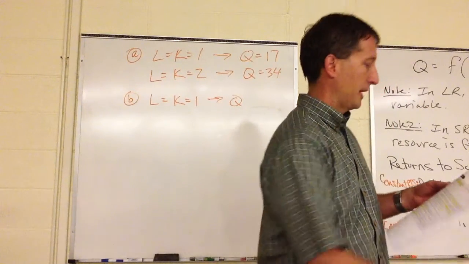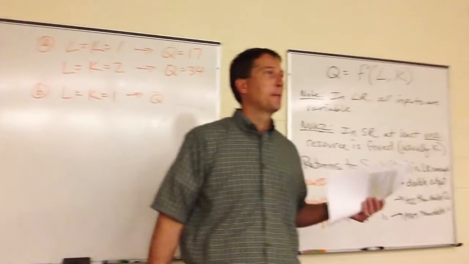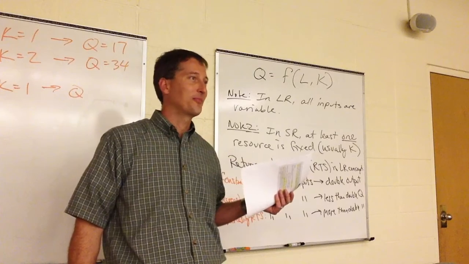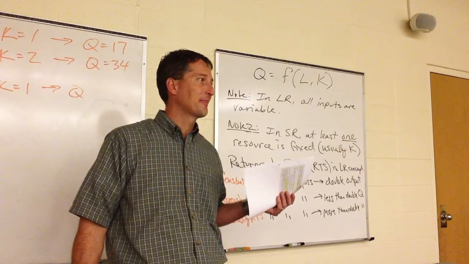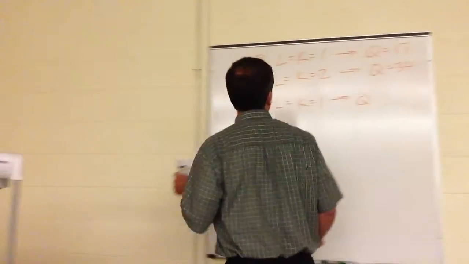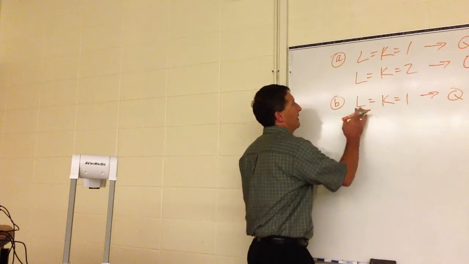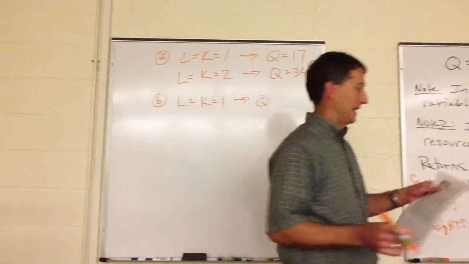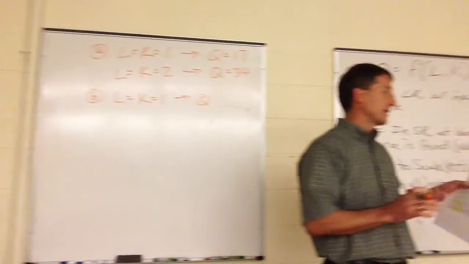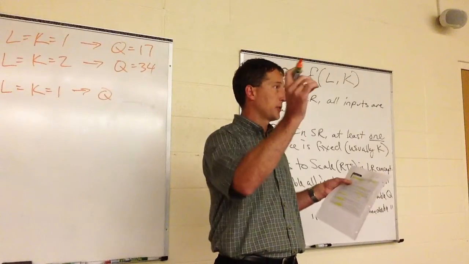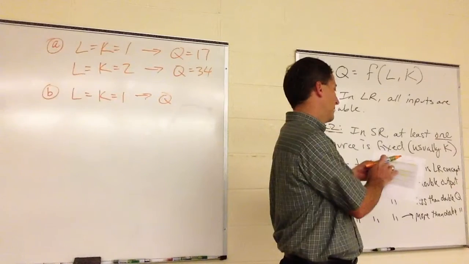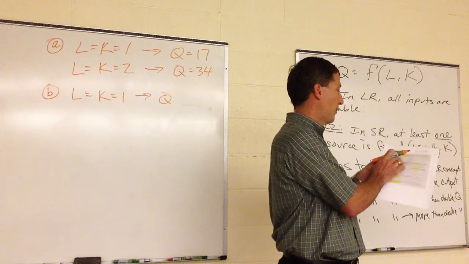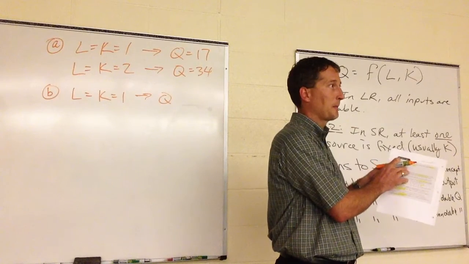So how much output do we get? So let L and K equal 1, and that notation means the quantity being produced is the minimum of 3 times K or 4 times L.